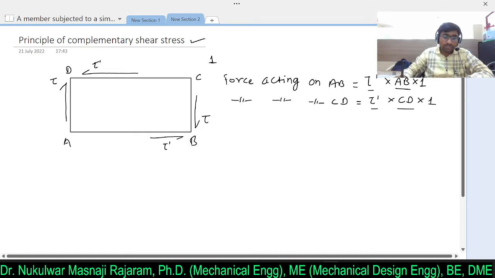Now when two similar forces of the same intensity are acting, but in opposite directions, this will tend to rotate the body. So this will form a couple. When two equal and opposite forces are acting on a body, then it will form a couple.